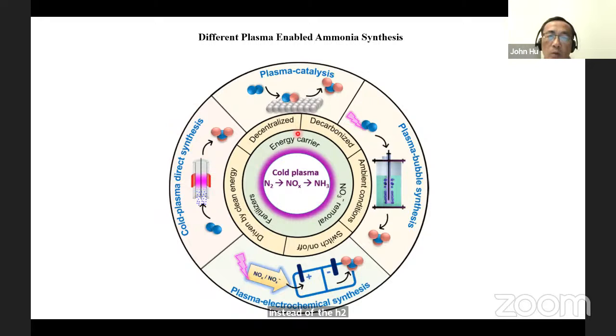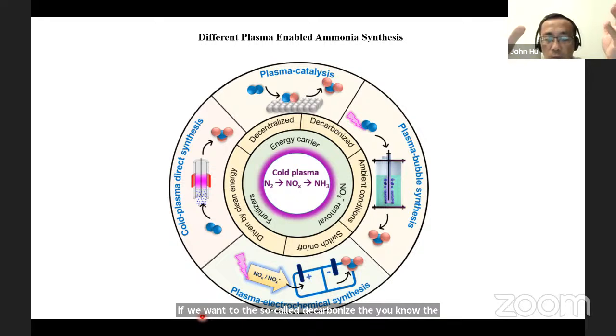A different approach, but the key is, if we want to decarbonize the industry, you have to make ammonia using renewable power, so the whole process doesn't have any carbon. This is really the beauty of plasma chemistry. You may argue about cost, but let's put cost aside.